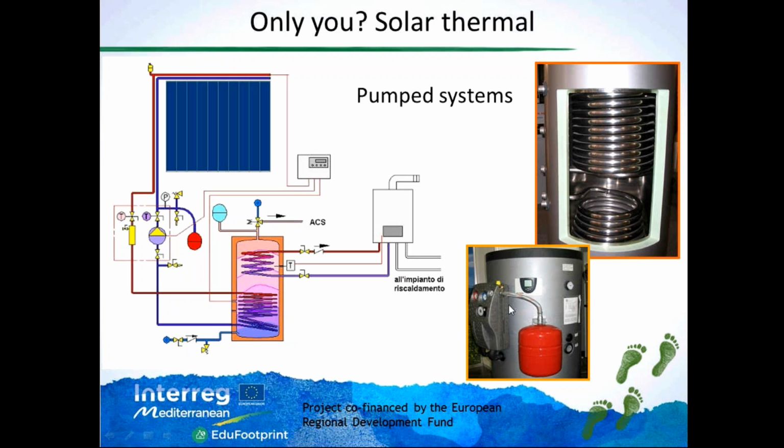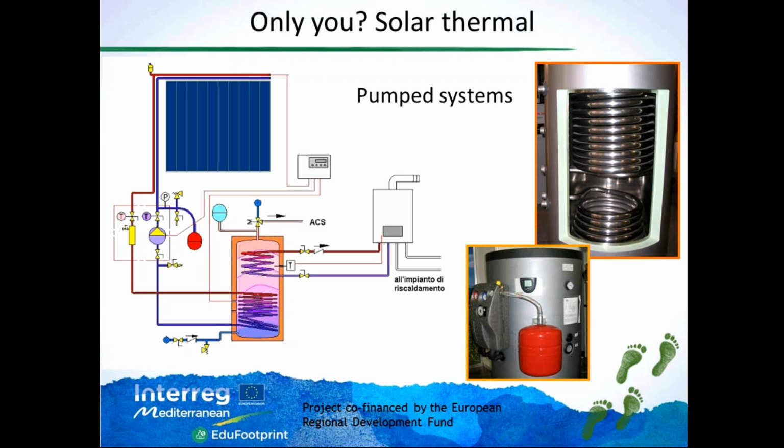And you see here also that usually these systems are sold as a kit, which is really a turnkey kit, so it's really ready to use. So all of these components, which are quite complicated and which you see here in the scheme, you can see in this picture on the bottom right, for instance the regulation part, the expansion vessel, the pump, and so on, are already on the storage, let's say.